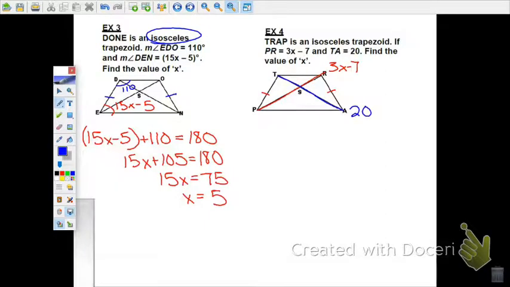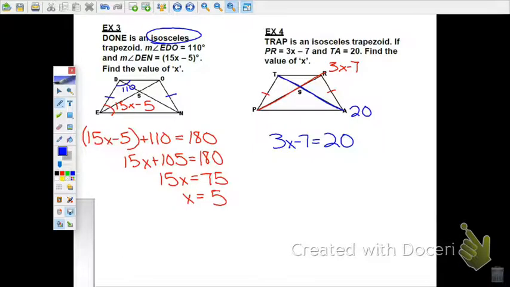So they've given me information about the two diagonals. So what do we know about diagonals of an isosceles trapezoid? They are congruent or equal to each other.